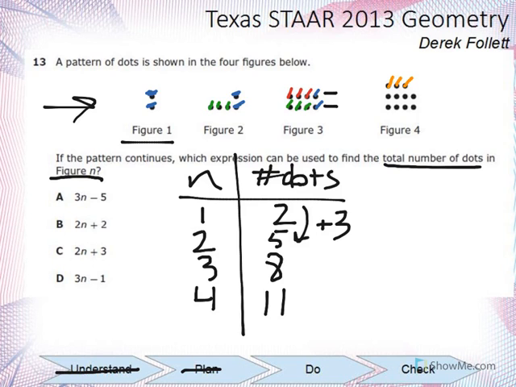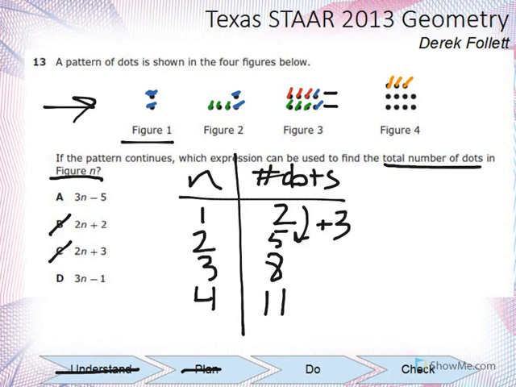Our number of dots increases by 3, and our value of n increases by 1. So it's kind of like our slope in dots per figure is 3. So I think I could really rule out B and C, because if my slope is 3, I should expect that value of n to be multiplied by 3, not by 2.